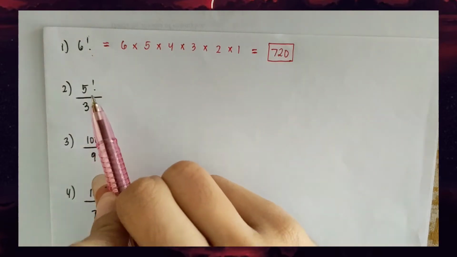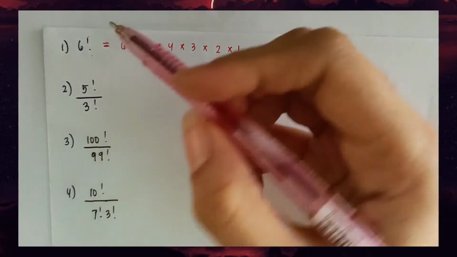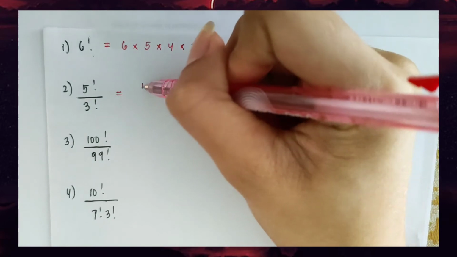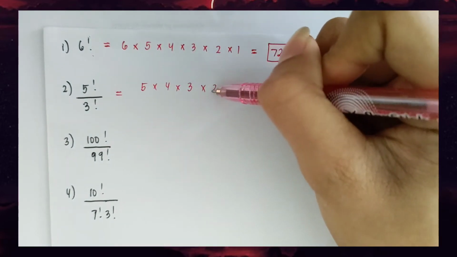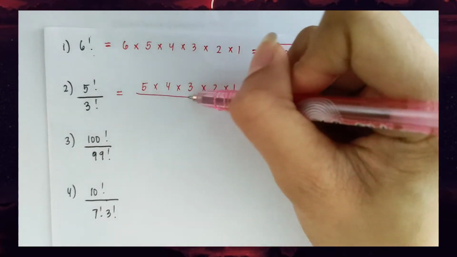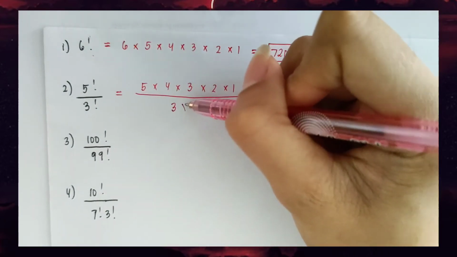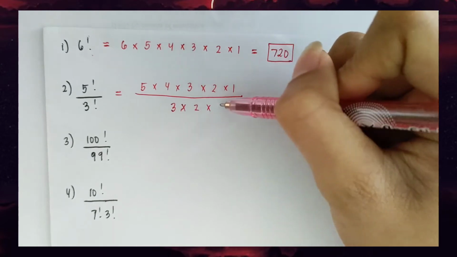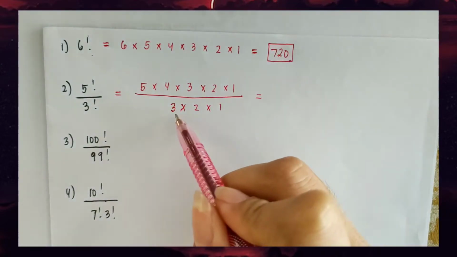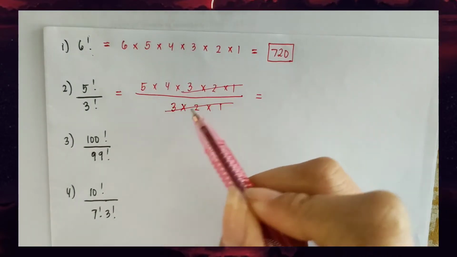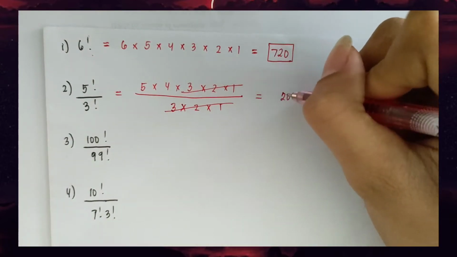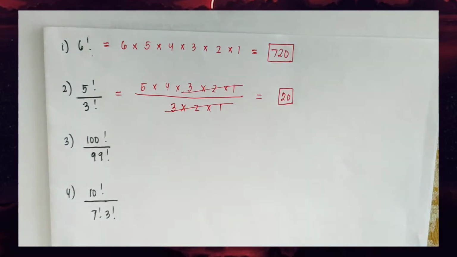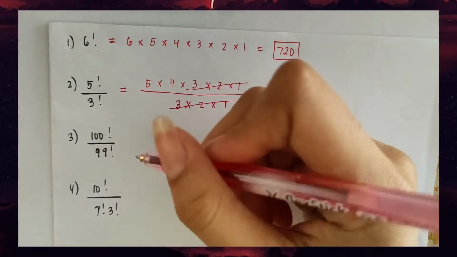Next, 5 factorial divided by 3 factorial. So we have 5 times 4 times 3 times 2 times 1 divided by 3 times 2 times 1. This part will be cancelled out, and what's left is 5 times 4, and that is 20. Next, 100 factorial divided by 99 factorial.